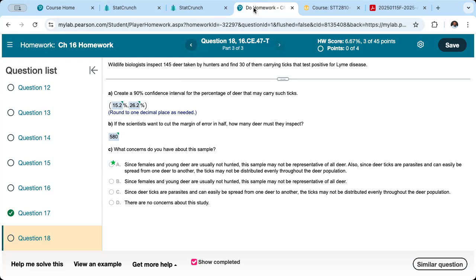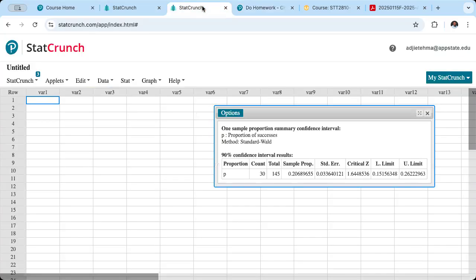Is that okay? So now when we look at this thing here, we can see from here that p hat is 0.20689. Q hat is 1 minus 0.20689. What do you get for q hat?